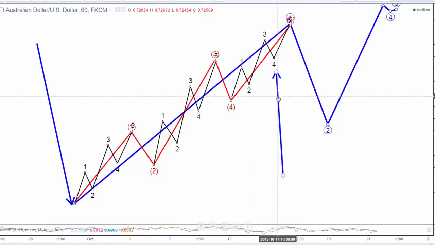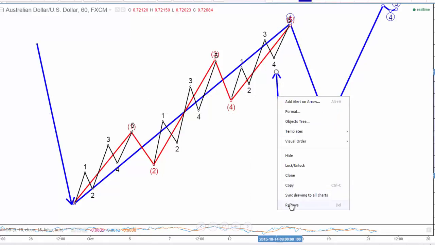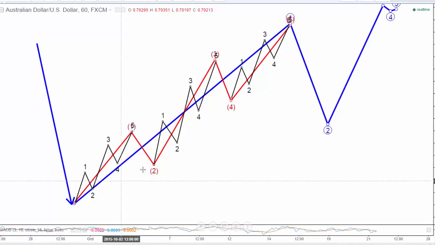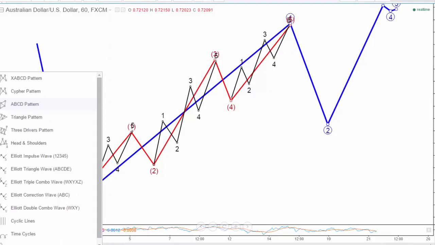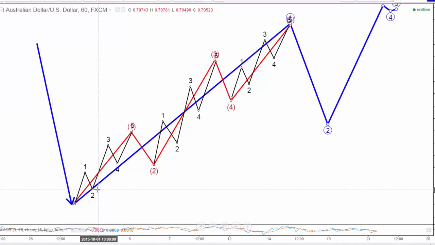So we look at harmonics, we look at all sorts of things. If we look at harmonics and Elliott within the same context, the reason I like to look at harmonics in terms of a bullish structure is because it just makes sense.